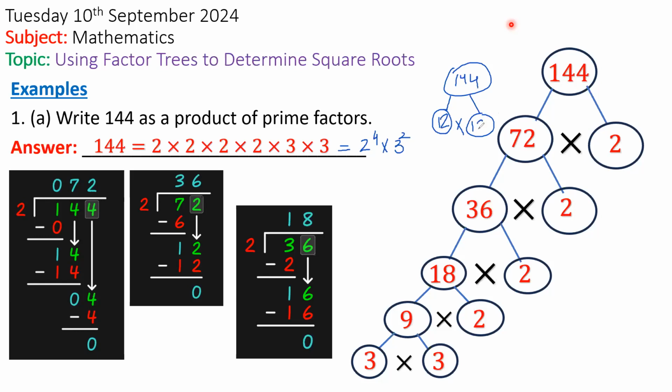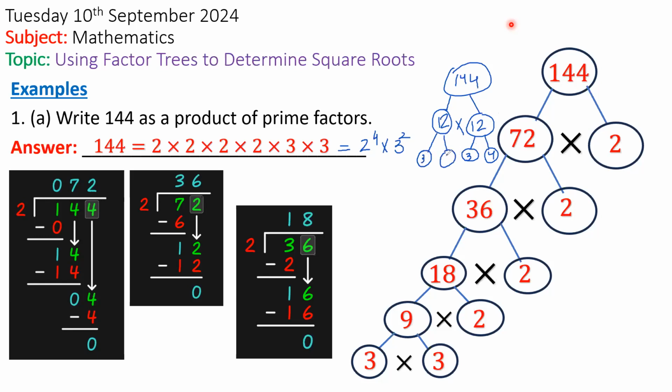So we could do 12 times 12, right? And then we still have to break it down. 12 is going to be 3 times 4. And the other 12 is 3 times 4.